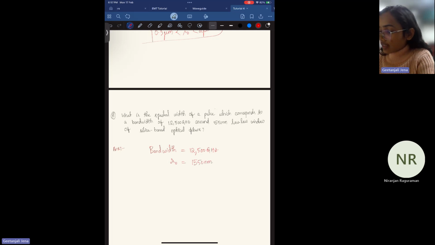Now the question is asking about the spectral width of the pulse. Spectral width means delta lambda, so we need to find out what is the delta lambda for this case.